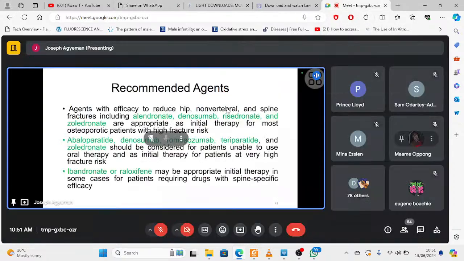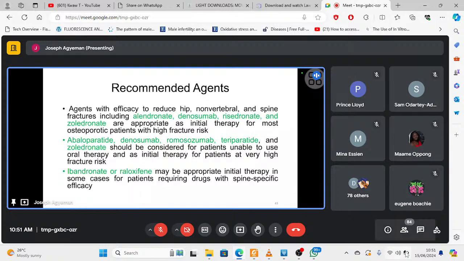Ibandronate, which is a bisphosphonate, and raloxifene. Remember, raloxifene is a mixed estrogen agonist antagonist. These two agents may be appropriate initial agents in some cases where the patient requires drugs specifically for spinal issues, so vertebral fractures.